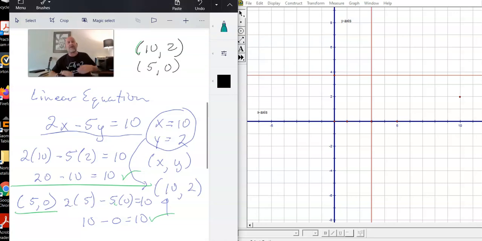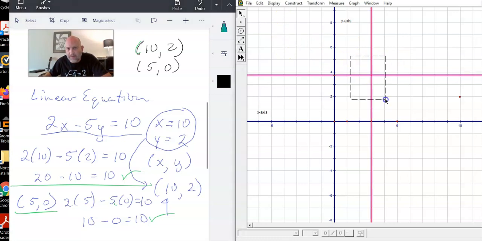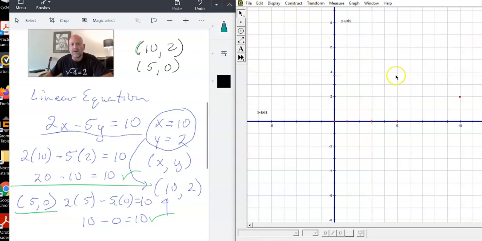And so now I just want to give you guys a little heads up, and then we'll look at one more solution. So first of all, let me go ahead and hide those. Okay, so we have this solution and this solution. And surprisingly enough, that is enough to determine a line. There's only one line I can draw through those 2 points.